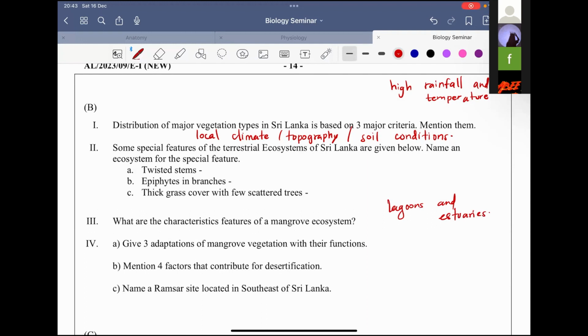They will share characteristics, usually like saline or brackish water because they are close to the ocean. Brackish water. They will have loose soil and anoxic condition. What is anoxic condition? It means there is lack of oxygen, anoxic condition. And also the vegetation will be exposed to intense sunlight.